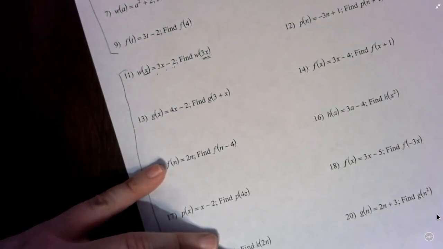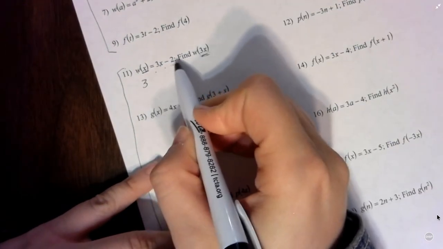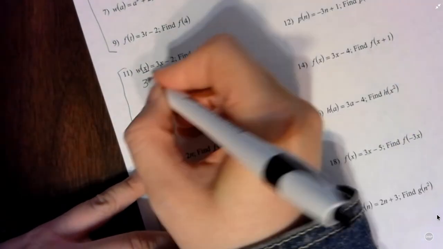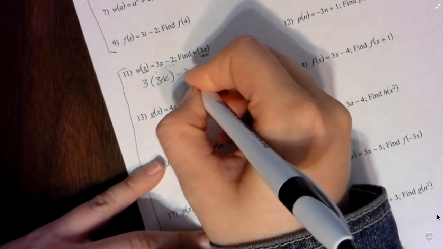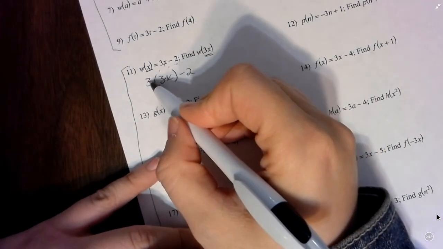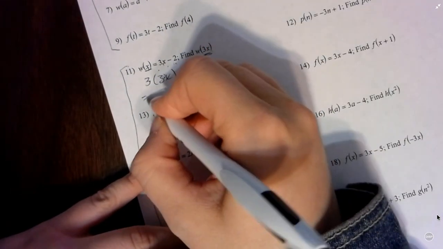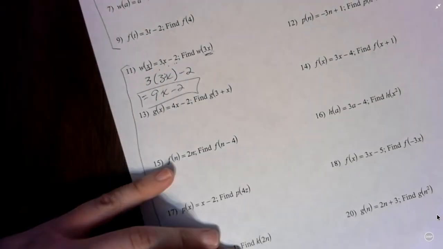So I'm replacing x with 3x. So instead of 3 times x, I have 3 times 3x. And then minus 2. And try to simplify that a little bit if you can. Like, I know that 3 times 3x is 9x minus 2.